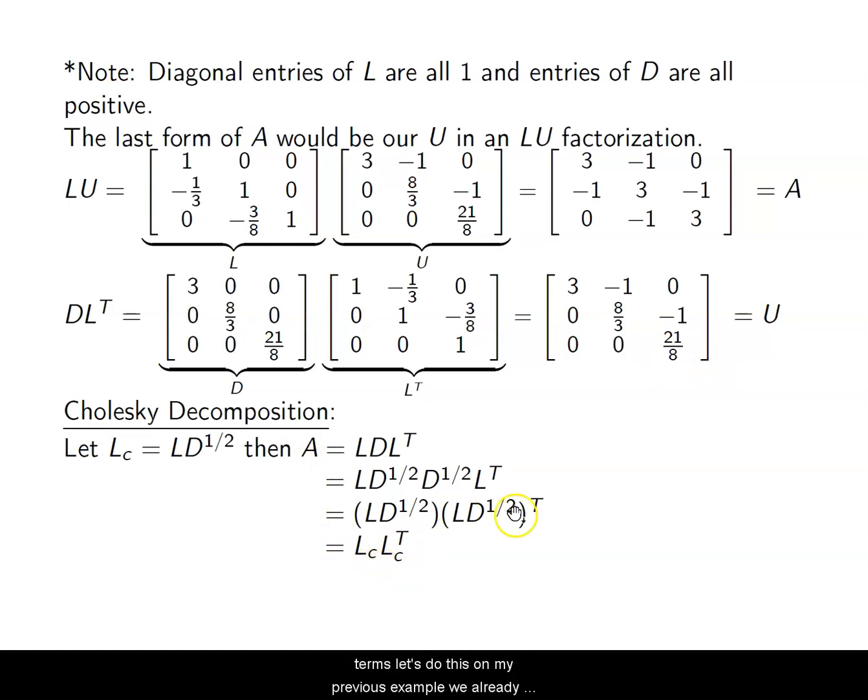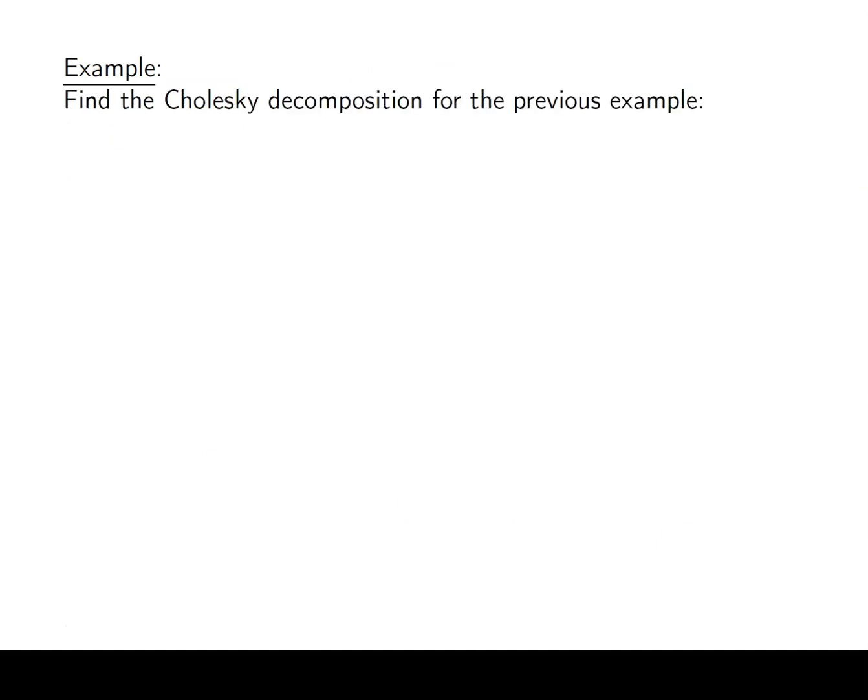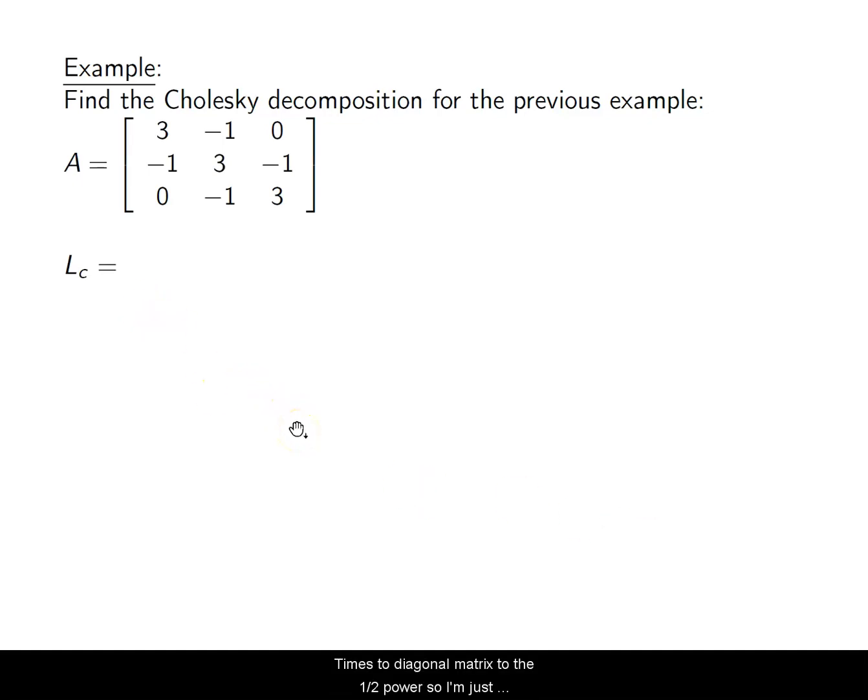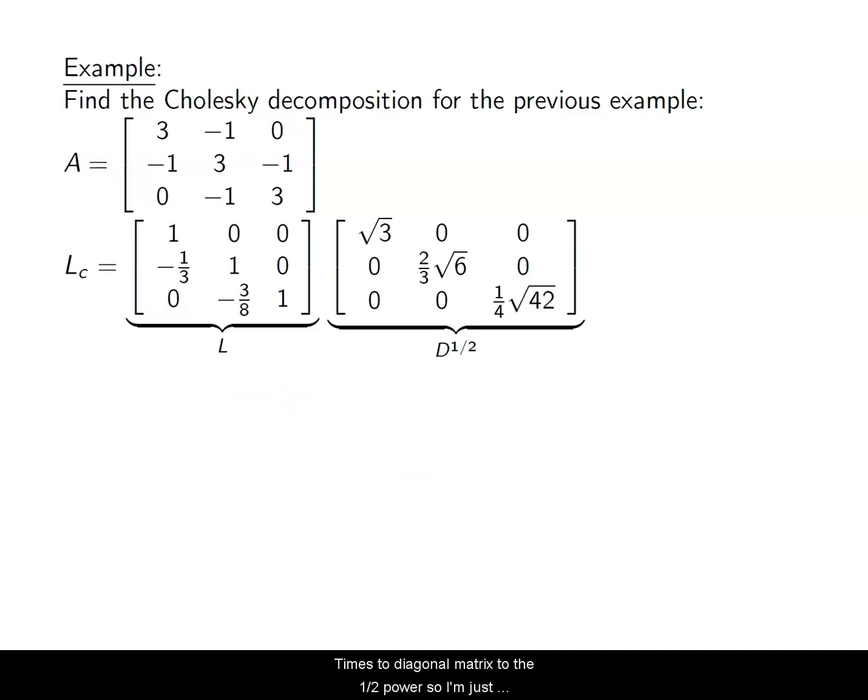Right, so let's do this on my previous example. We already have all of our stuff, my L, my D, and my L transpose. So let's form this decomposition. Again, you need to find the LDLT first. Let's find the Cholesky decomposition for the matrix we have already, which is this A matrix. My LC is going to be L, that lower triangular, times the diagonal matrix to the 1/2 power. So I'm just going to square root those entries I had.